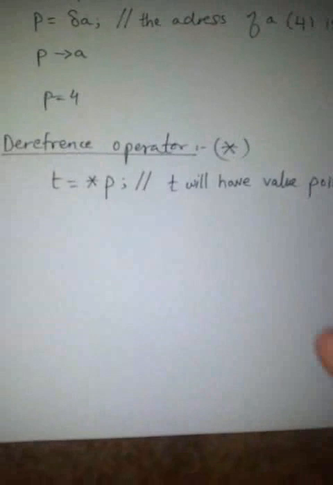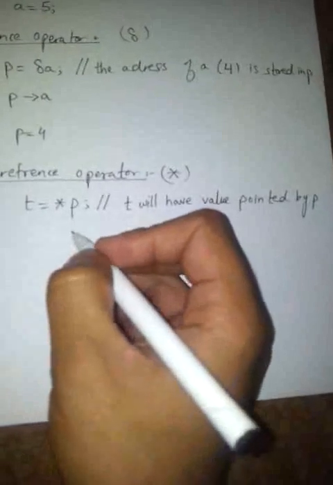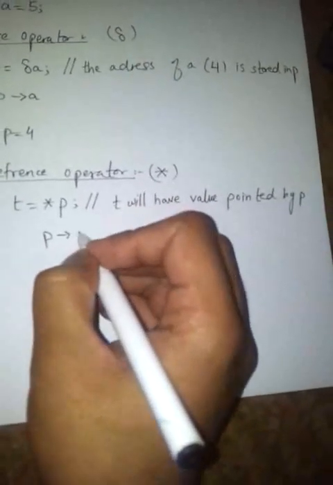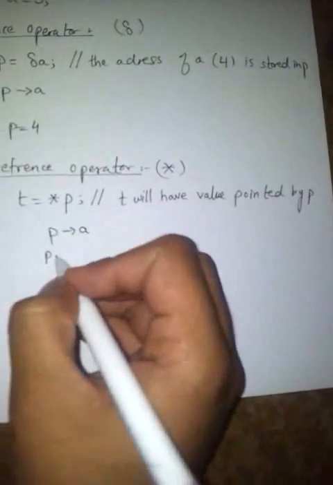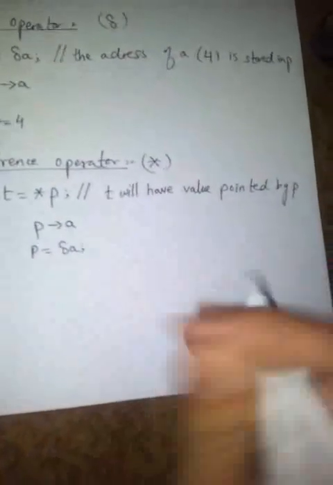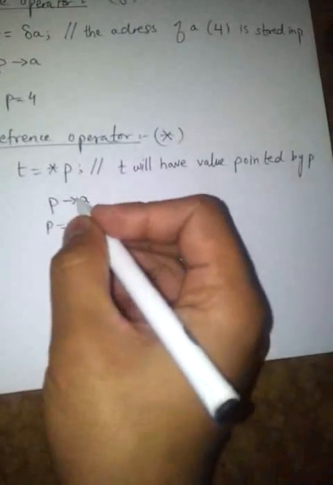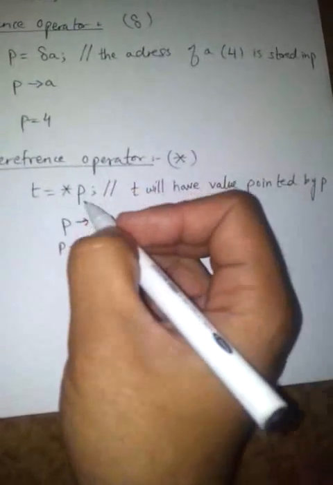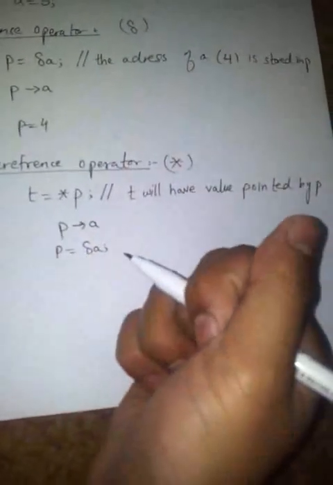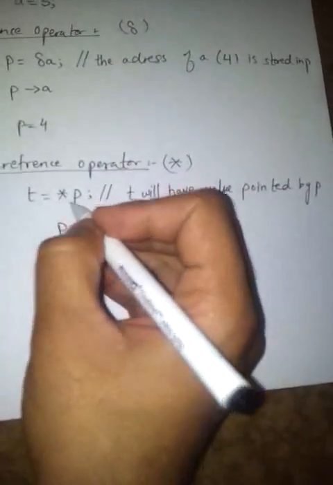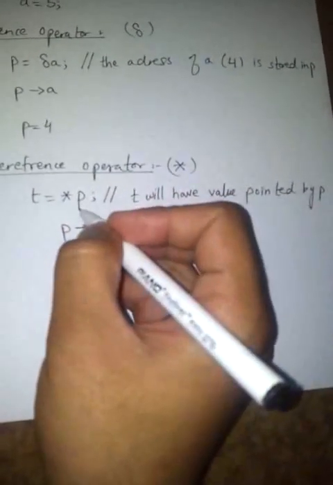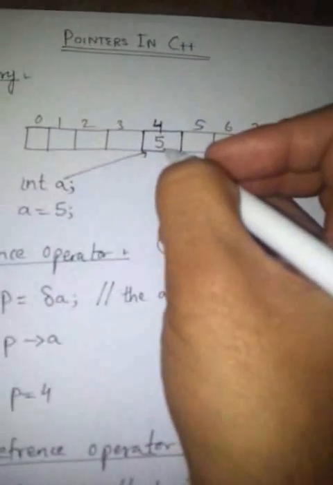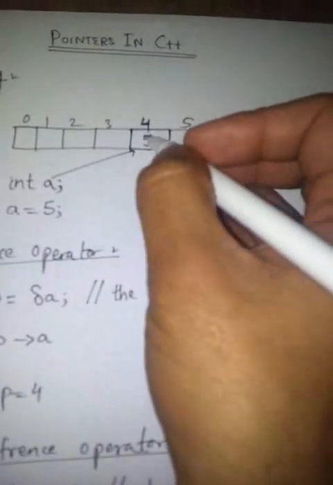It gets a little trickier here, but I will make it easy for you and break it down. As we knew, p was pointing to a, as we used p is equal to ampersand a. So p is pointing to a, and this asterisk sign, the dereference operator, means give me the value that is pointed to by p. p is pointing to cell 4, and the value stored in cell number 4 is 5.